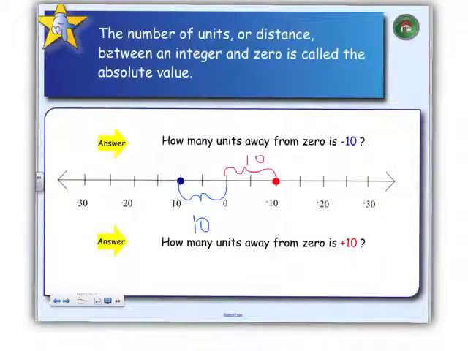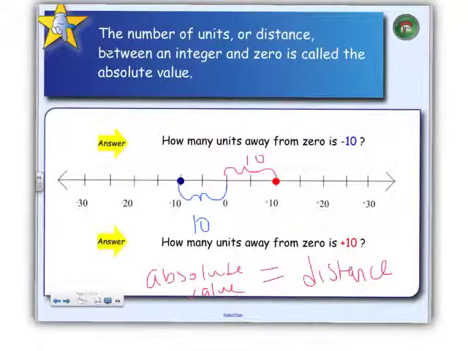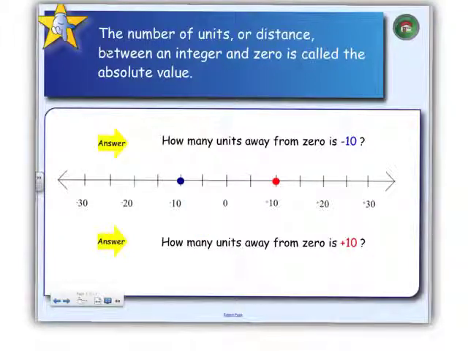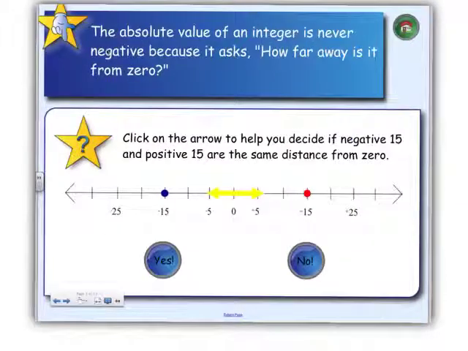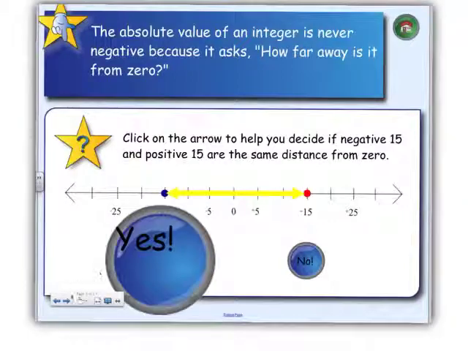So remember that the absolute value is the same thing as the distance from 0, which, as you know, cannot be negative because we cannot have negative distance. So remember this slide when we're talking about 15 versus a negative 15. They are the exact same distance.